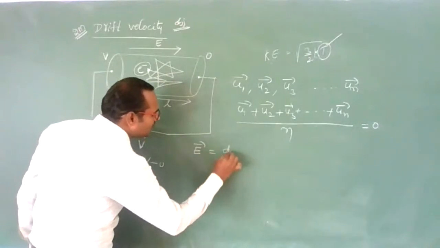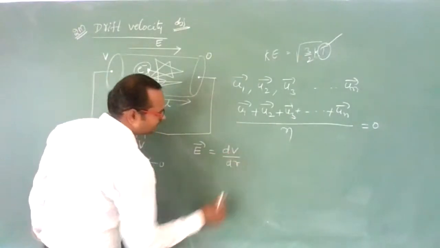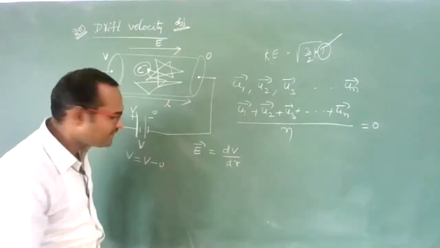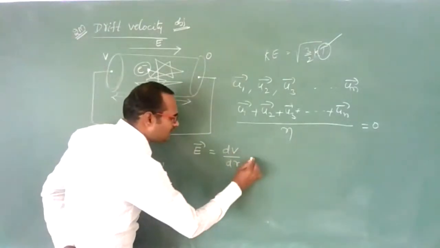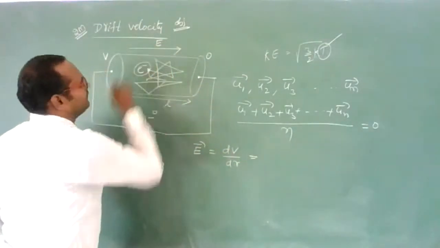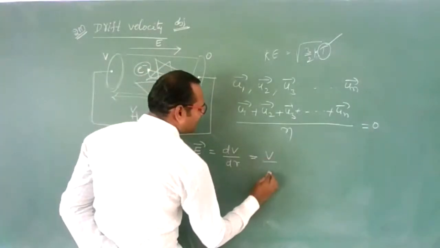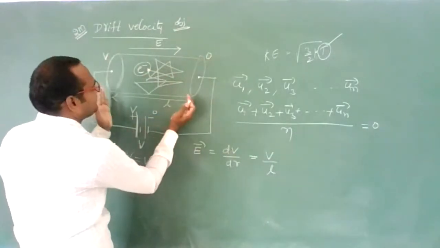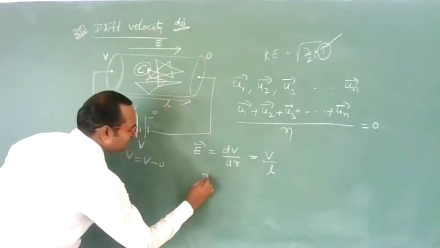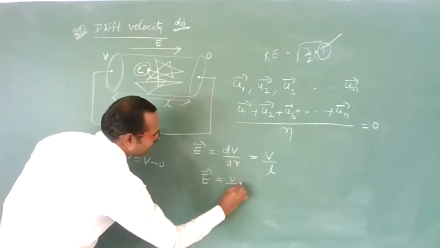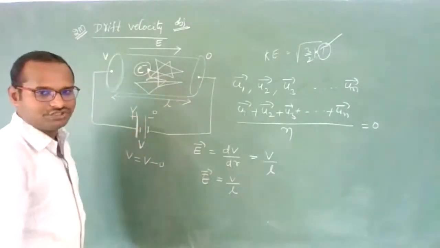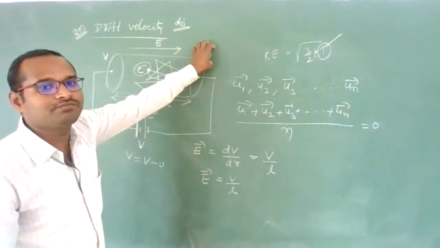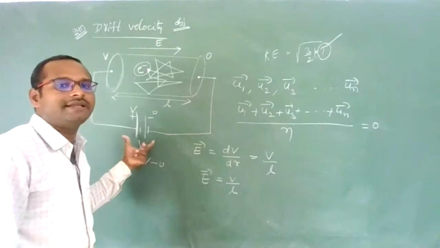E is equal to dV by dr. Students, that is nothing but, for a uniform electric field, it can be written as V by L, because the potential difference maintained is V minus 0, which is V, and the length of this conductor is L. So the electric field generated can be written as V divided by L. This much electric field will be produced due to this potential difference, which is produced due to the connection of the battery.